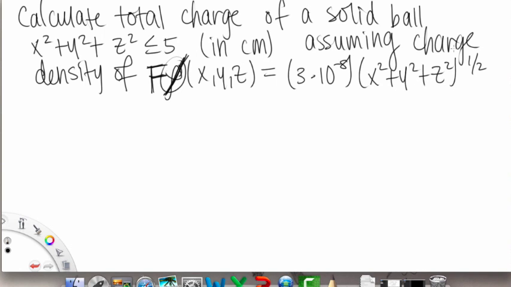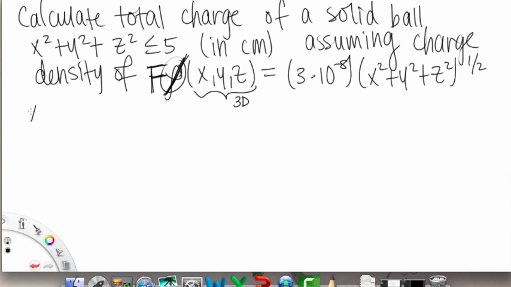So what we're going to be doing here is utilizing spherical coordinates, and we can tell because we have 3D. This is a three-dimensional thing with 3 variables, and they already give us lots of x squared plus y squared plus z squareds.